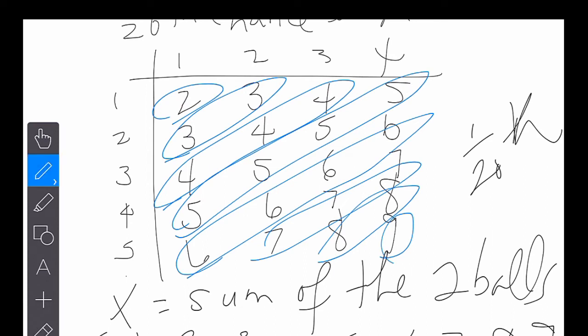So that means that 3 is possible with a probability of 2/20ths. What about 4? 4 is possible with probability 3/20th. 5 is possible with a chance of 4/20th. 6, also 4/20ths. 7, 3/20ths. 8 is 2/20ths, and 9 is 1/20th.